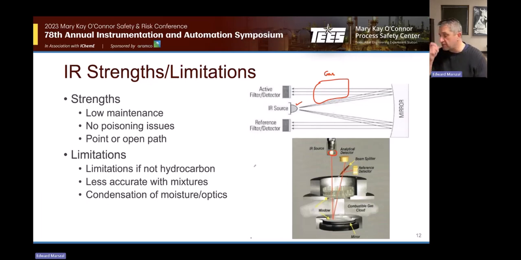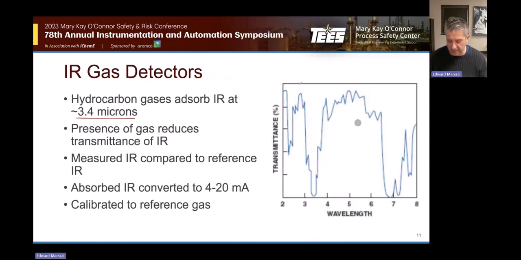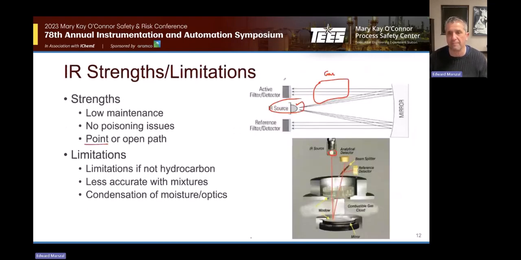The other strength of the IR devices is that even though you can have a point detector, there's no reason that your source and your detectors need to be in the same location.